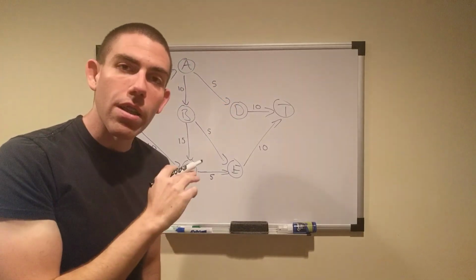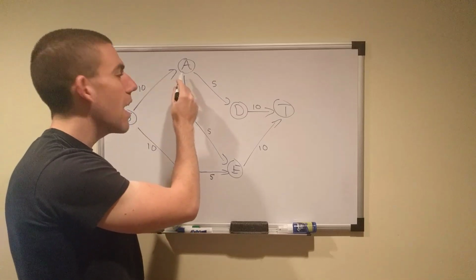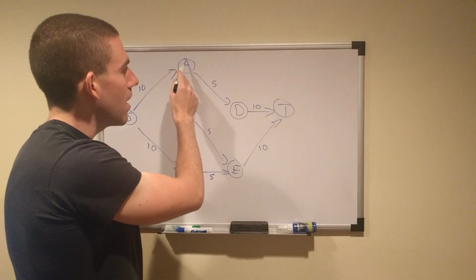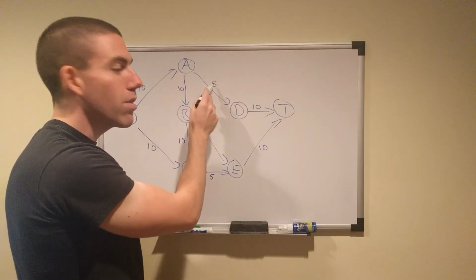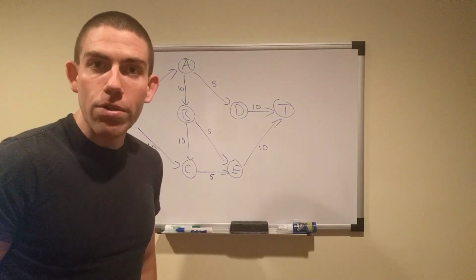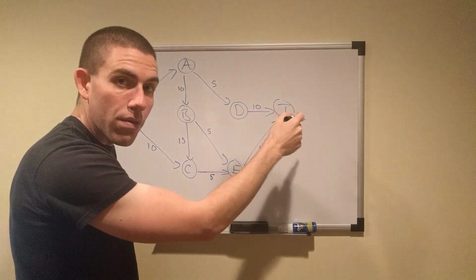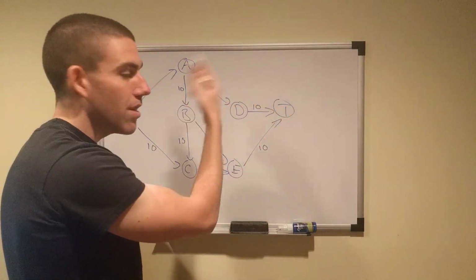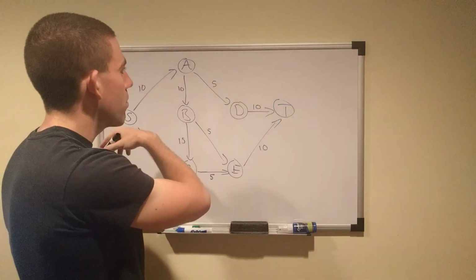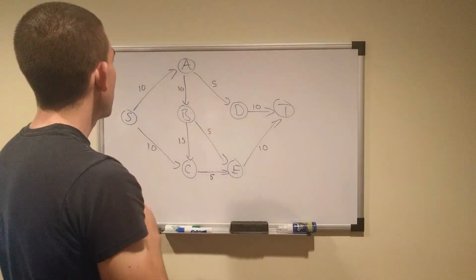We can't store anything. So, even though I can legally, for example, send 10 from S to A, I cannot send that same amount from A to D. I can only send 5, so I'd have to leave 5 behind here, which is not how the problem works. So I'd have to send 5, and then 5, and then 5 to get to T. There's no sending 10 and then breaking it off.